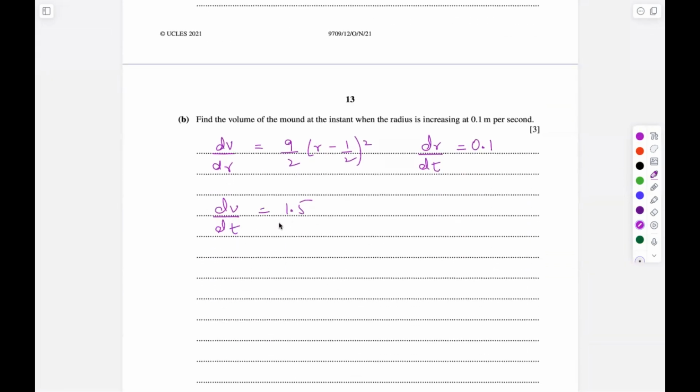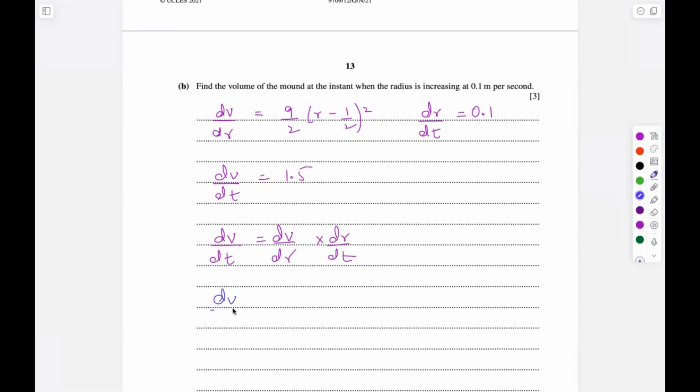So we need the value of dV by dr. So using the expression again, dV by dt is equal to dV by dr into dr by dt. To find the expression for dV by dr, that will be equal to dV by dt divided by dr by dt. So that will be 1.5 divided by 0.1, which will be equal to 15.